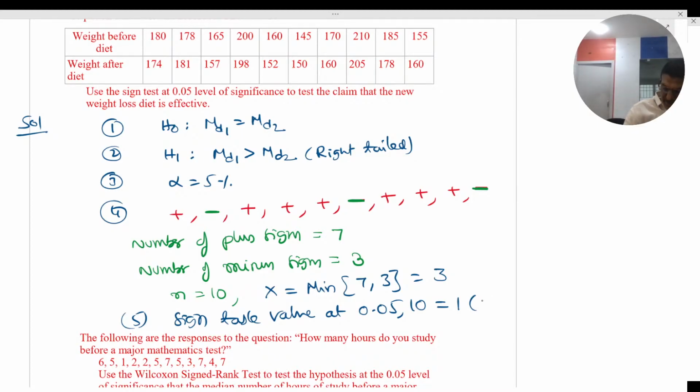So right tail test, that is called single tail test.